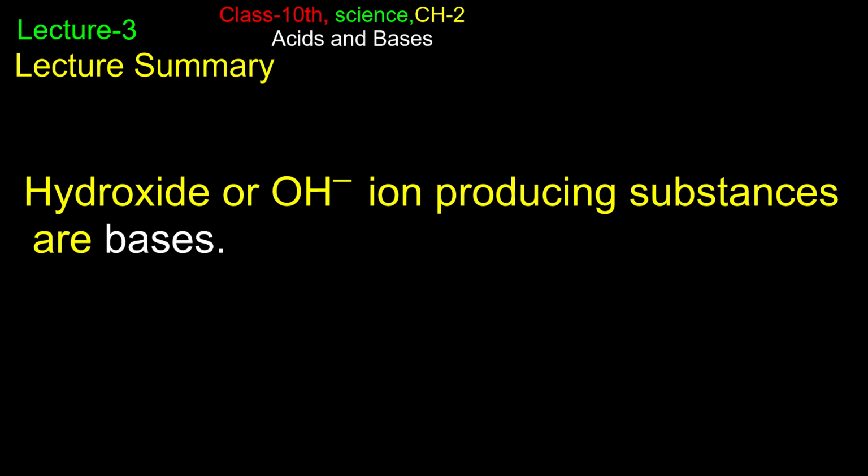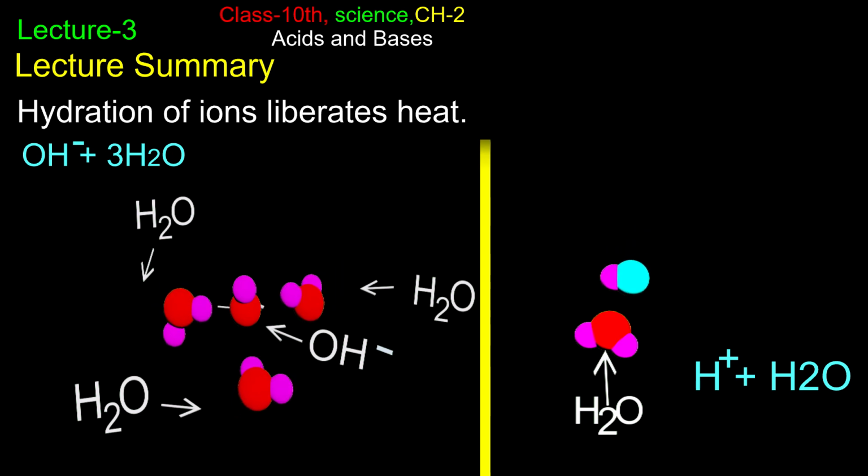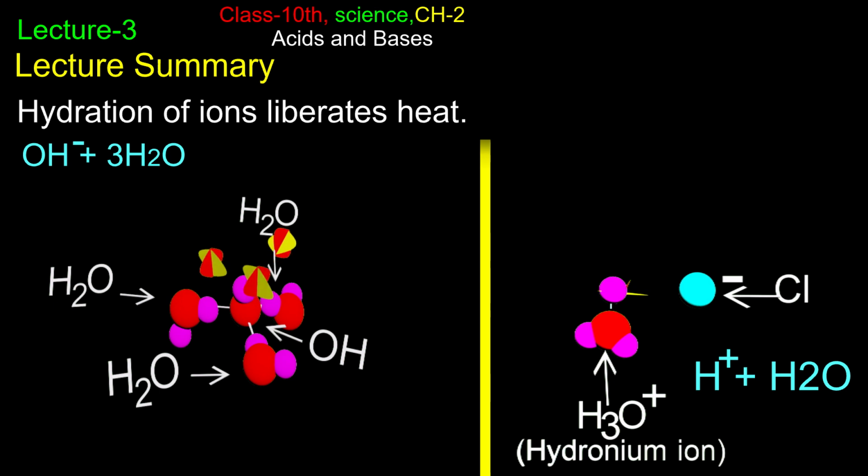At number 2, we studied that on dissolution of acids and alkalis in water, heat is liberated because they ionize and their ions get hydrated. The hydration of ions liberates heat.